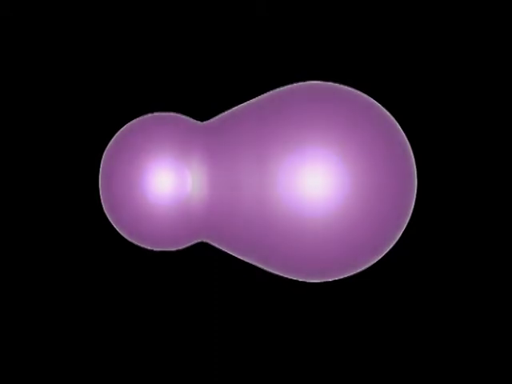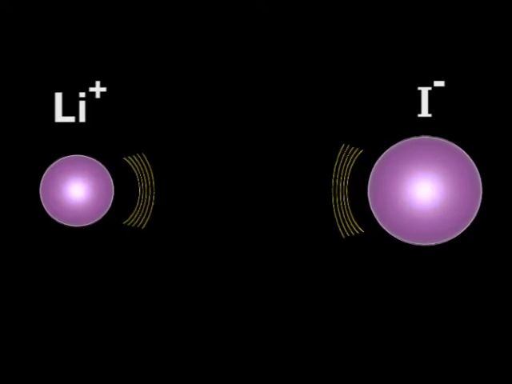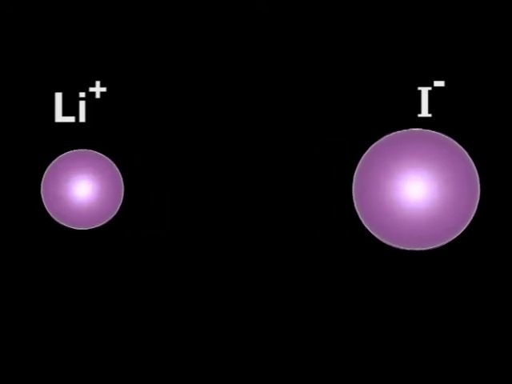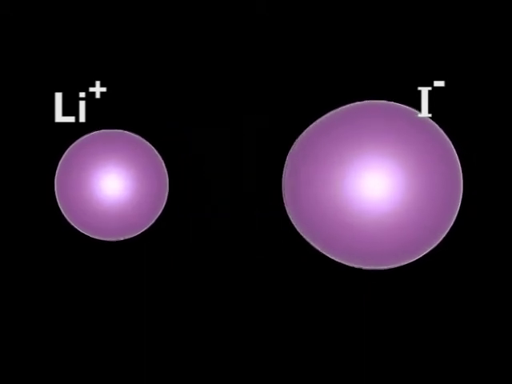Do you know why it is so? It is so because the lithium monopositive ion, that is Li positive, has a small size and the magnitude of positive charge is quite large, and it has the maximum tendency to attract the electron cloud of the anion, that is the iodide ion, towards itself.